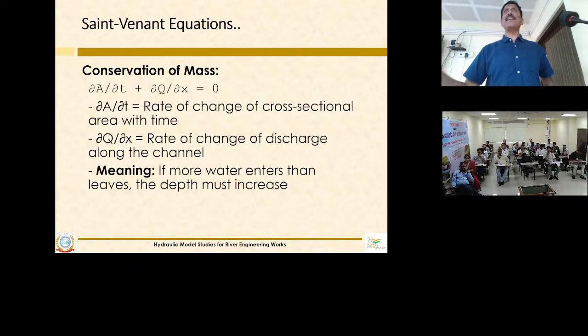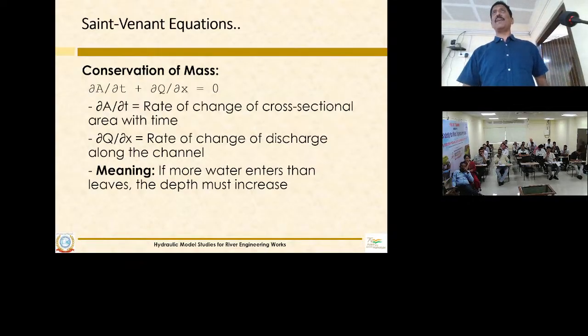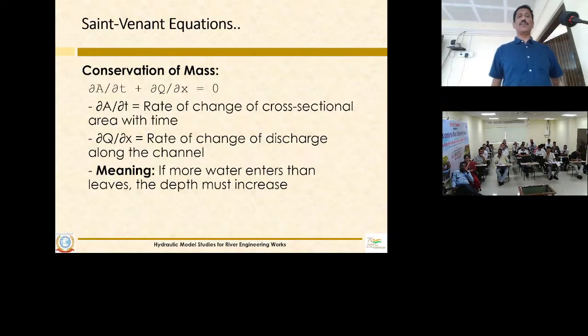But if the discharge changes, some change has to take place in the storage area, and that is accounted for by dA/dt, the rate of change of the cross-sectional area, the change in the storage area, and the change in the discharge over that period. If it's a cube, dx is the length of that cube, it is traveling that distance, and the change in the discharge over that space is called the rate of change of discharge.